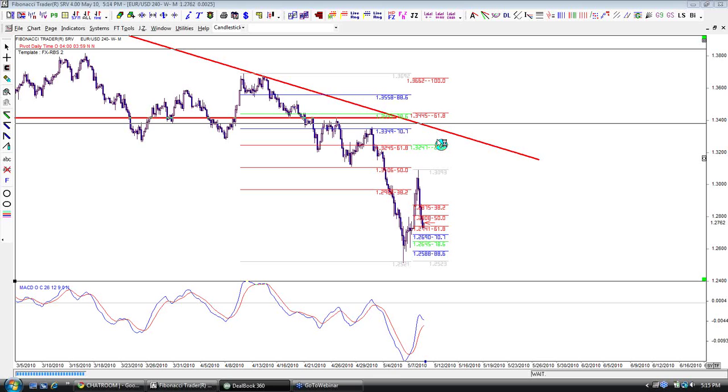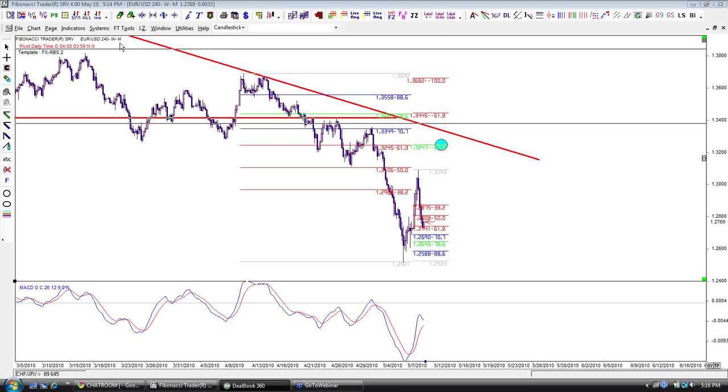We can't say for sure that price will reverse, of course, at this level, but this convergence gives us a higher chance that price at least might stop and bounce around this 132.45.